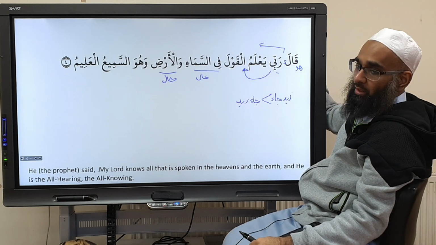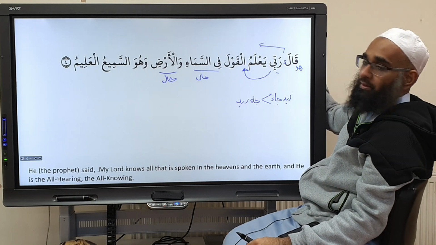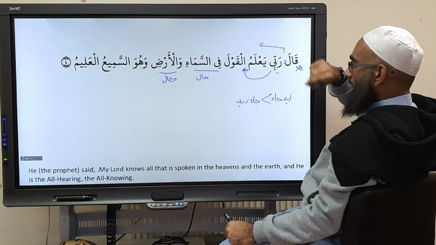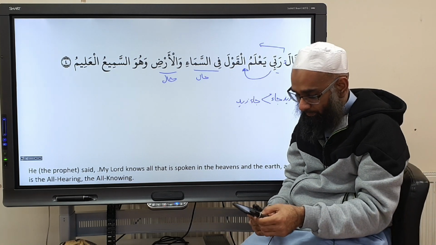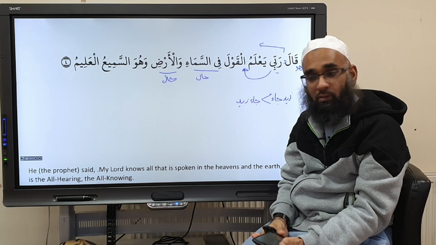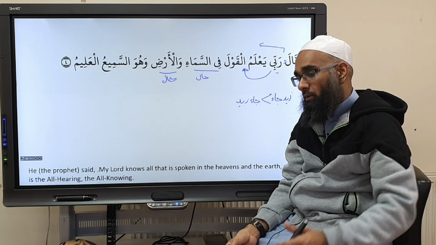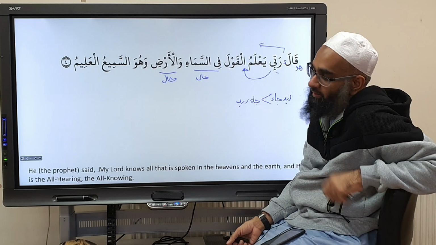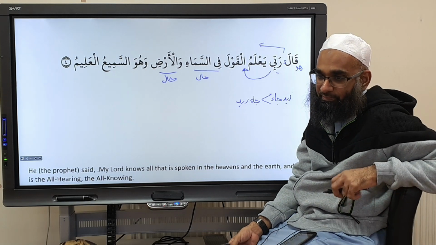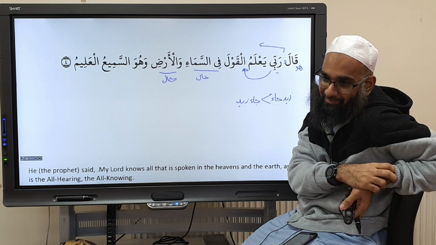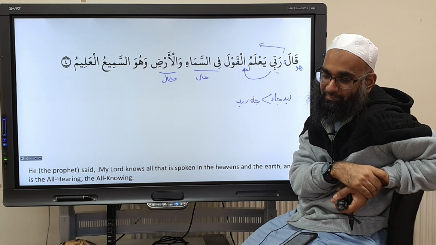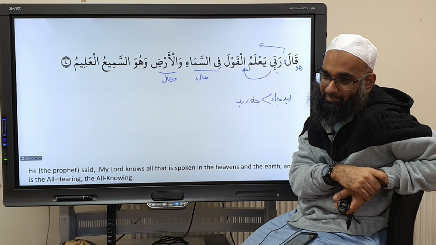Al-qawla fi as-sama'i wal-ard. Wa huwa as-sami'ul 'alim. Correct? What's the tarkib of wa huwa as-sami'ul 'alim? Who is the mubtada? Who is mawsoof? Who is the ضمير مبتدا?